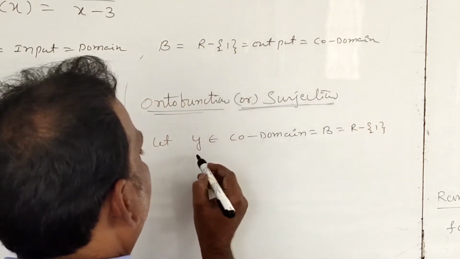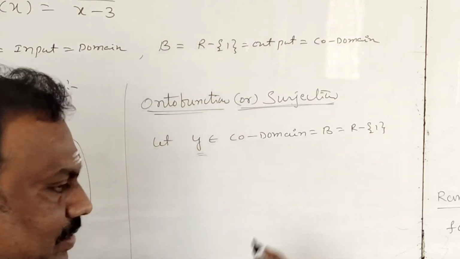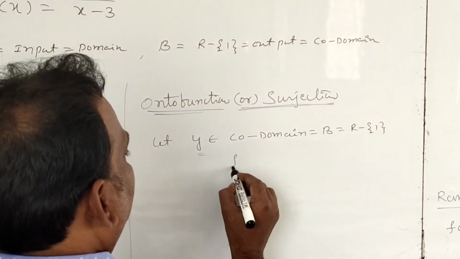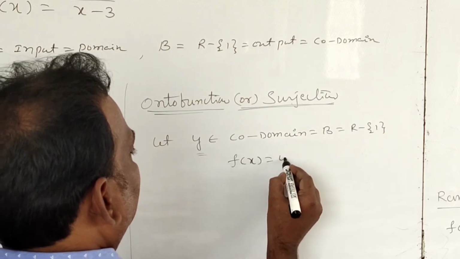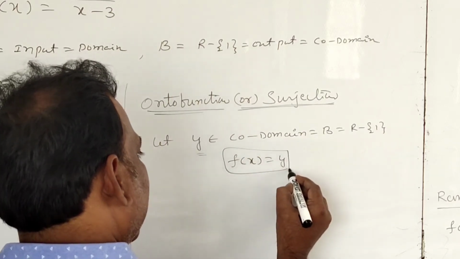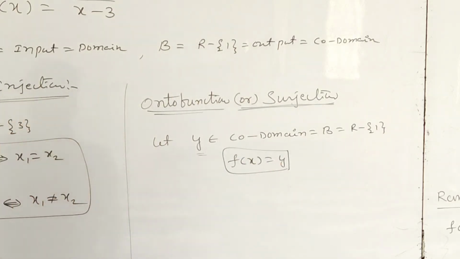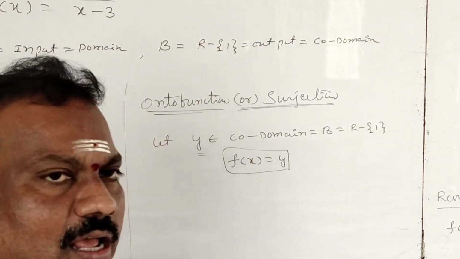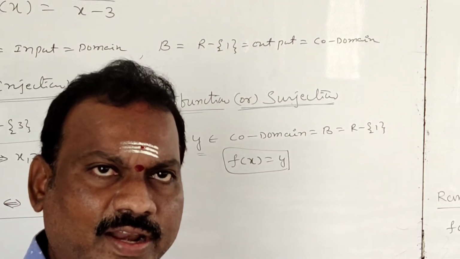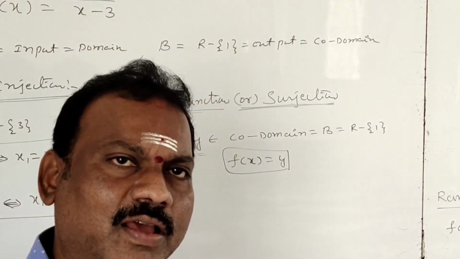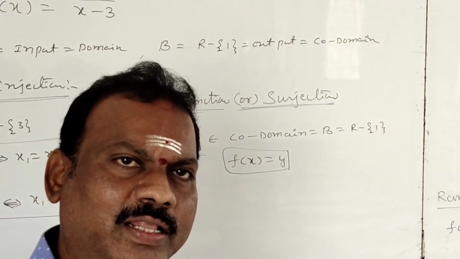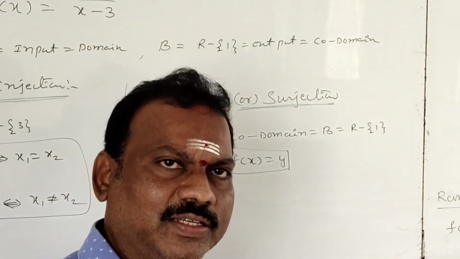We are picking one element in the codomain. How does it exist? F of x is equal to y. Then only we will say that it is onto. Correct, students? Once again I will repeat, this step is very important. According to the definition, for every y belonging to B.